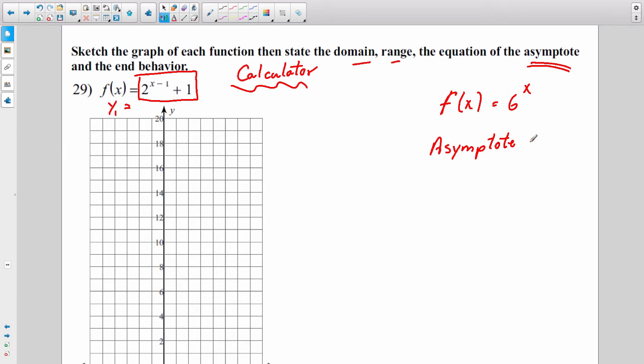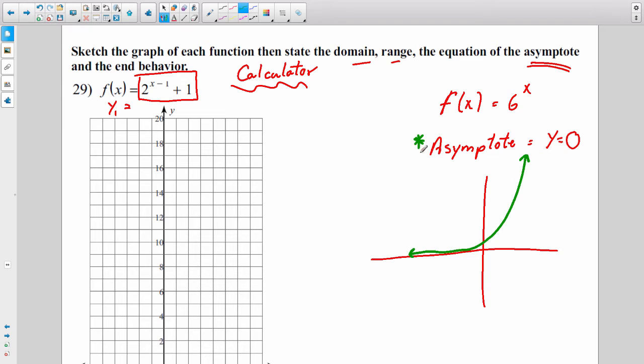I'm sorry, y equals 0. Because the graph would look like this. And you can use your calculator to verify that. So this is something very important to know. Another really important thing is this y-intercept. This always occurs at (0, 1) for an exponential function.